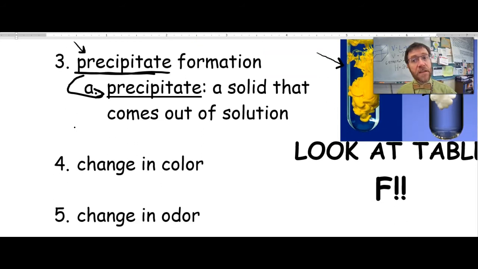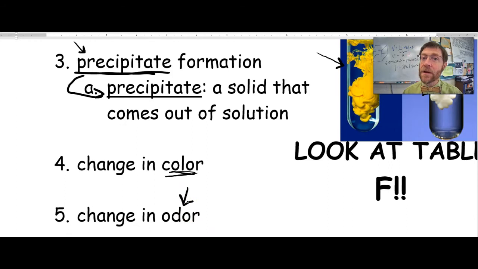Changing color. Not always, but quite often, if you start with something that's red and it ends up brown, it is not the same thing. And same thing with odor. If something starts out smelling like roses, and it ends up smelling like compost, it's no longer a rose. Now again, changing color is not a guarantee that it is a chemical change, and same with change in odor.